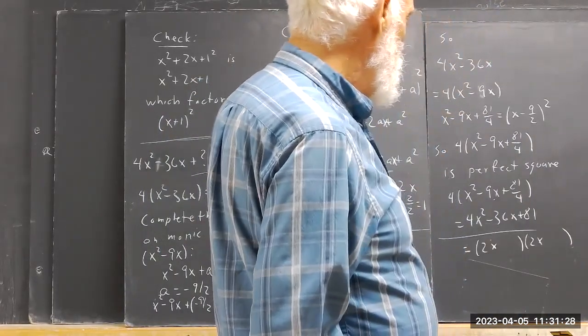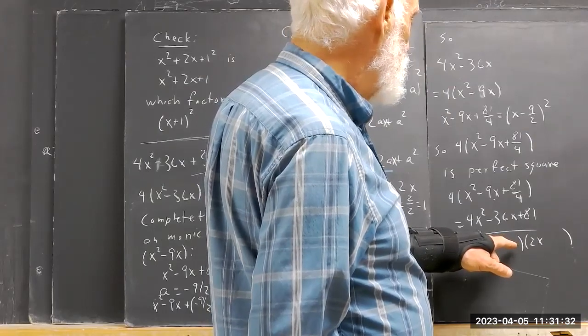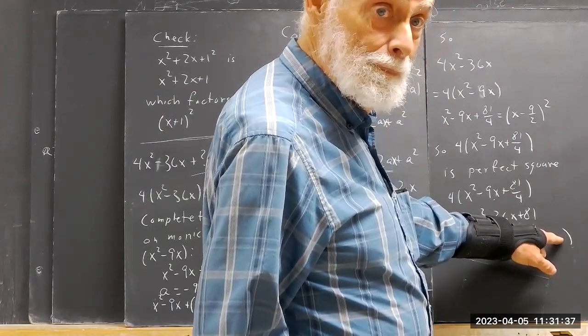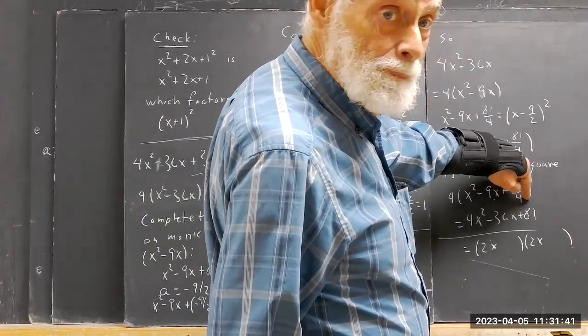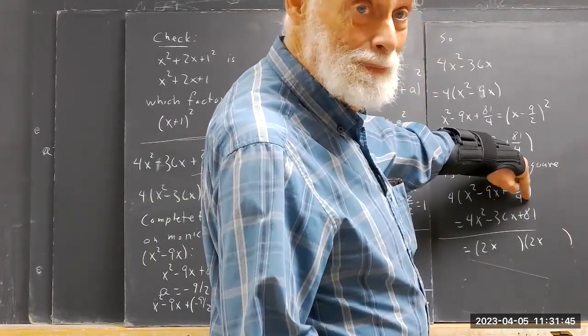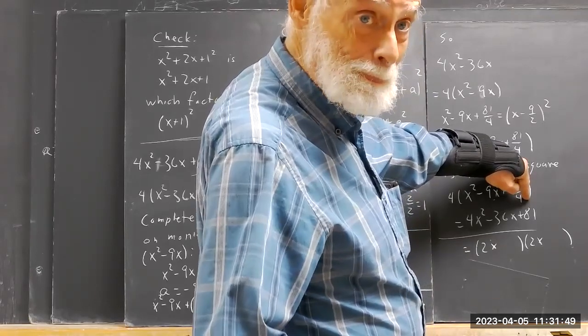Well, we could put 9 here and 9 here, or -9 and -9. 81 factors into 27 times 3, or 9 times 9, or 81 times 1.